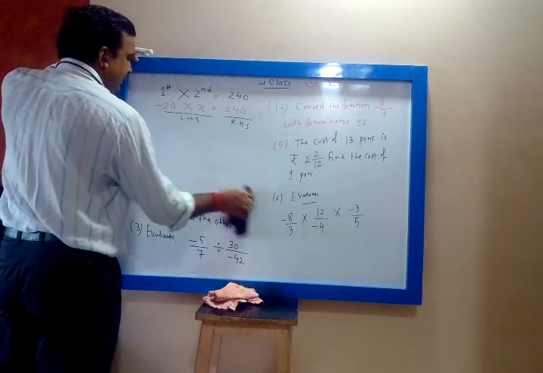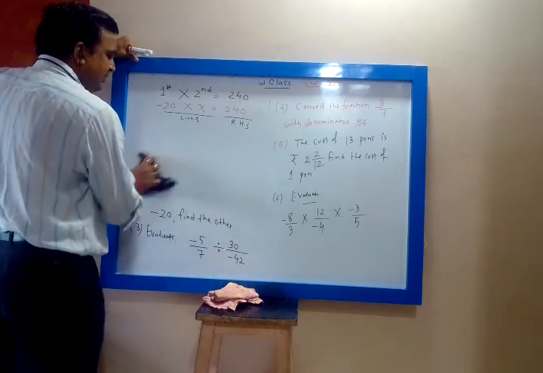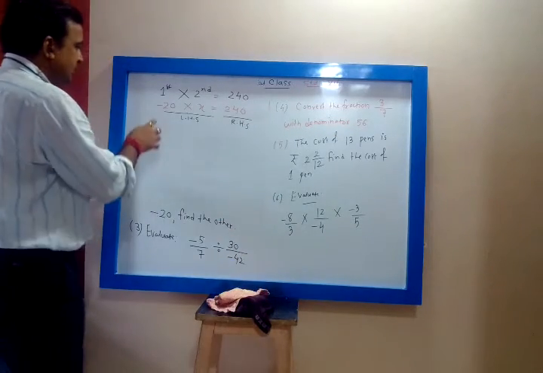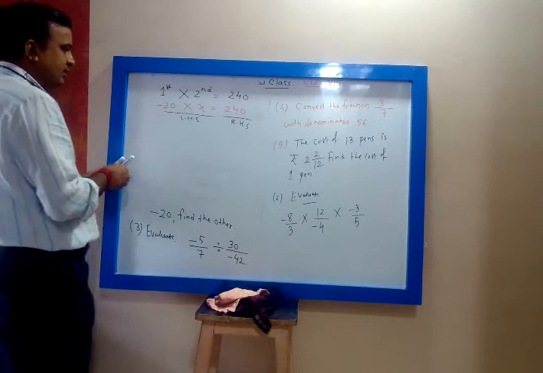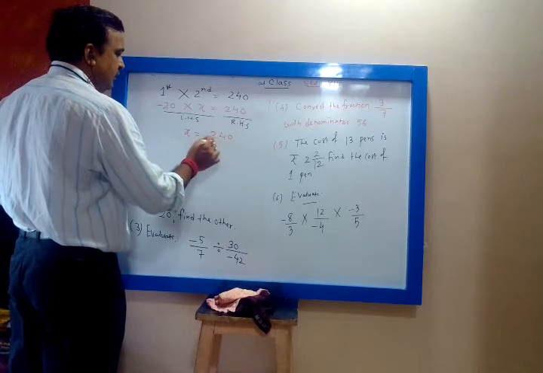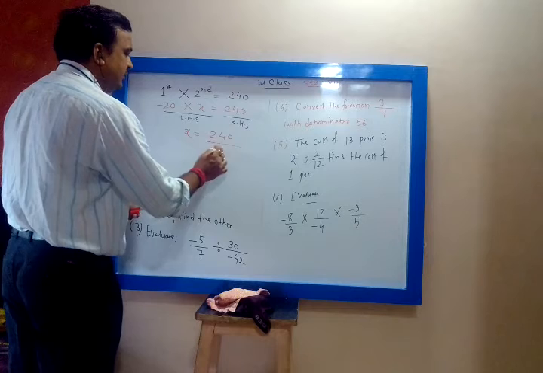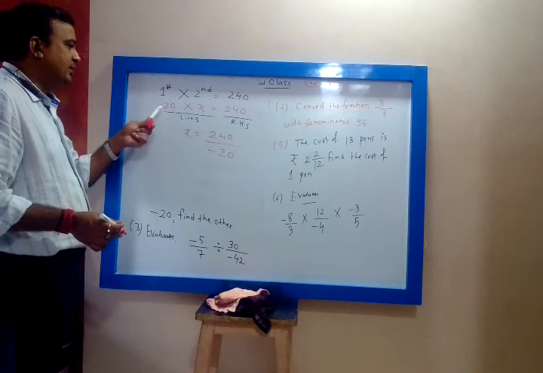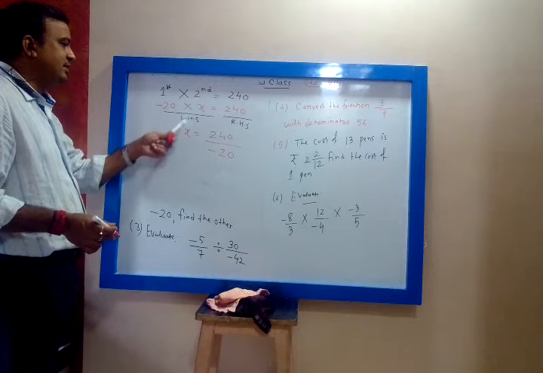Minus 20 will remain minus 20, but it will go in the division. Yes or no? So what you will get? x is equal to 240 divided by minus 20, because minus 20 is there in the multiplication on left hand side.